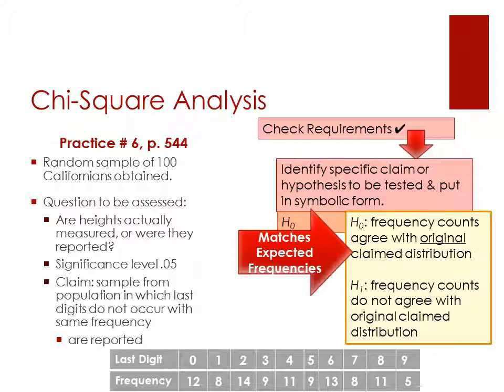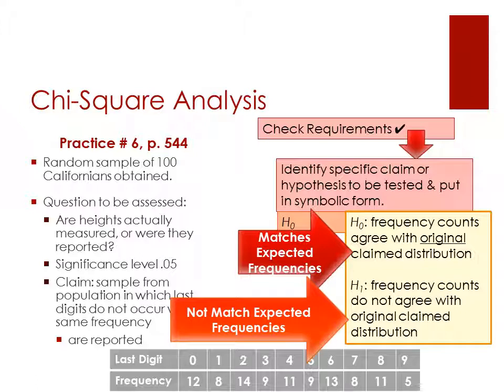So when you're setting your null, this means that I'm saying that my sample data matches the previously established expected frequencies. So the frequency counts agree with the original claimed distribution, and my alternative is that the frequency counts do not agree with that original claimed distribution. So these are the two different things that we're looking at here.